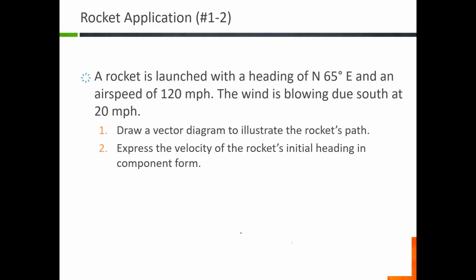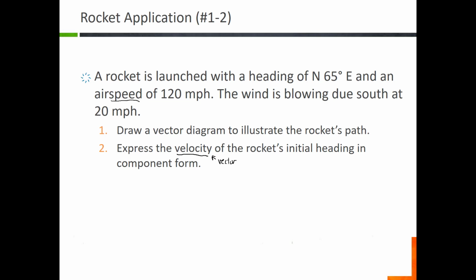A couple of terminology things to point out here. We have velocity and we also have speed. Notice speed is just a number, 120 miles per hour, so speed is a scalar. Velocity includes magnitude and direction, so velocity is a vector.